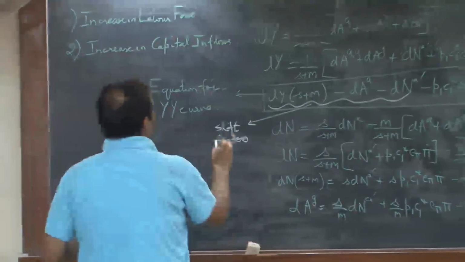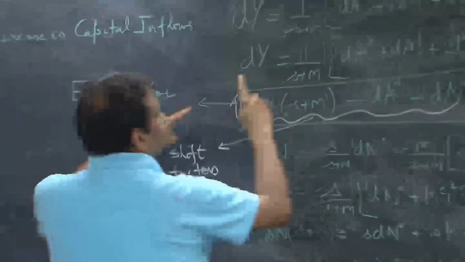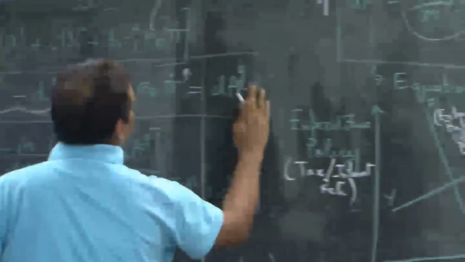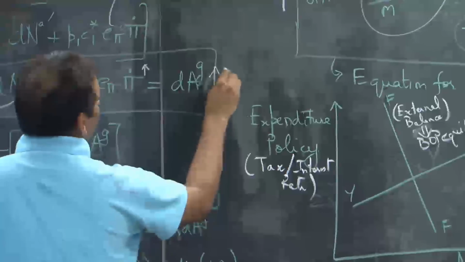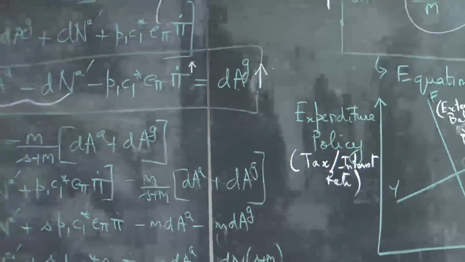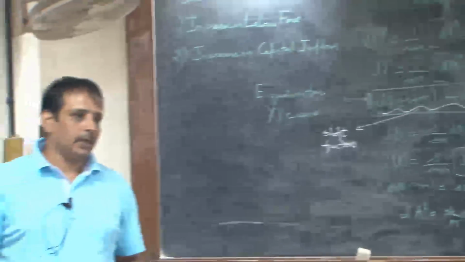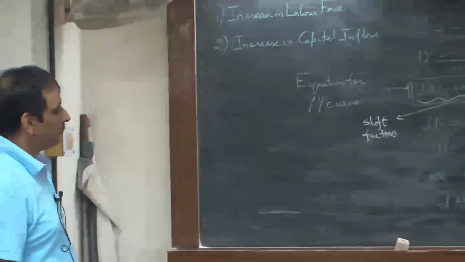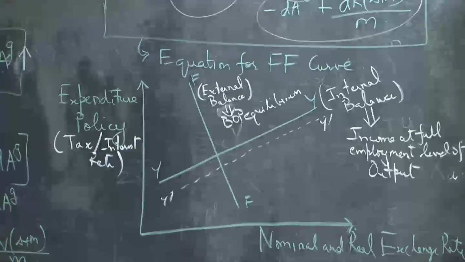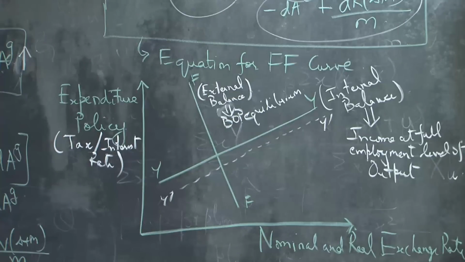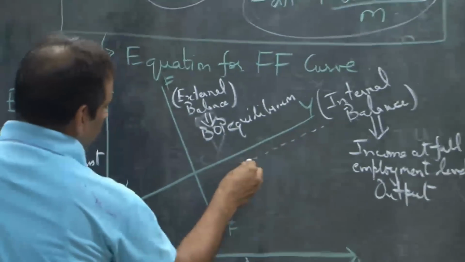So when this goes up, this equation shows that DAG should go up. If DAG has to go up, then this YY curve has to shift down, right? Because you need to have a less restrictive expenditure policy to maintain internal balance.